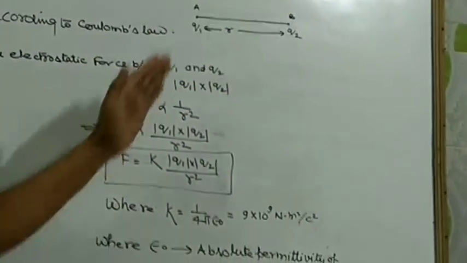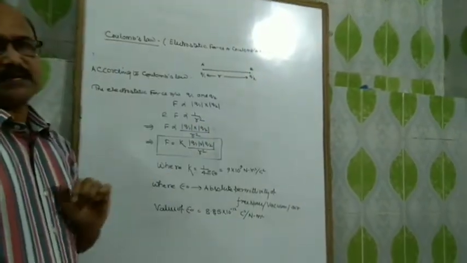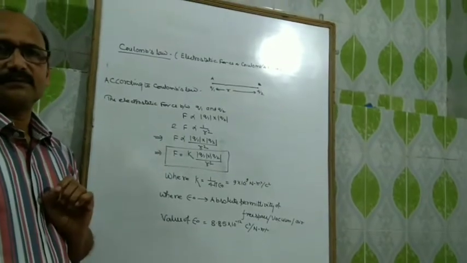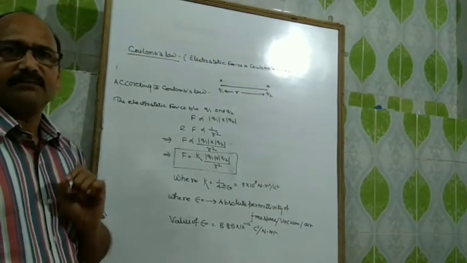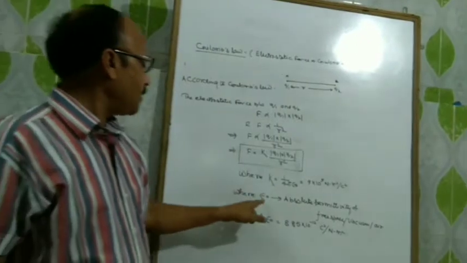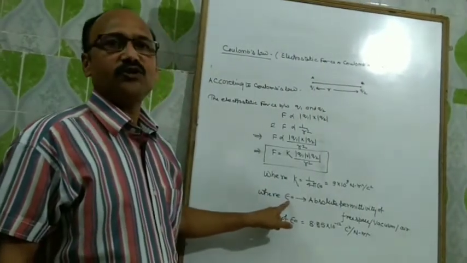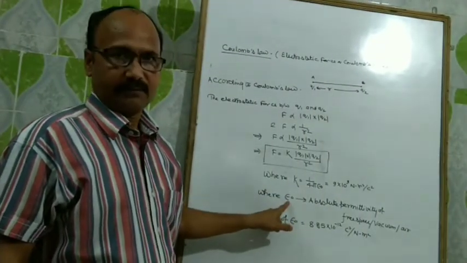In place of air, vacuum or free space, if we are taking any medium, then in place of epsilon naught we have to use epsilon m.